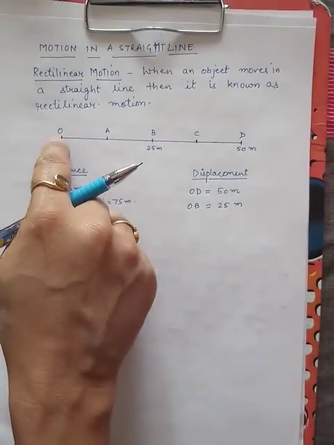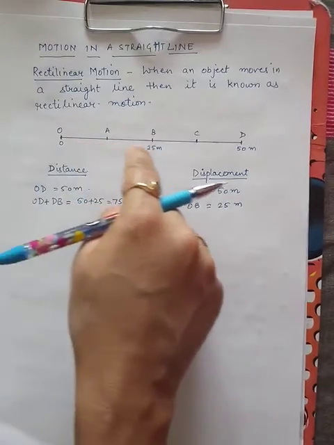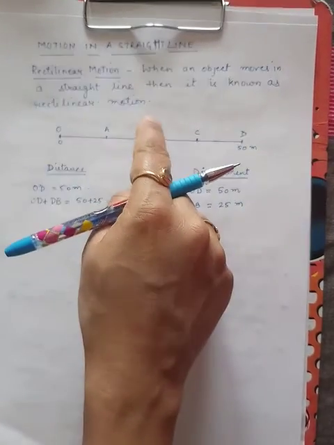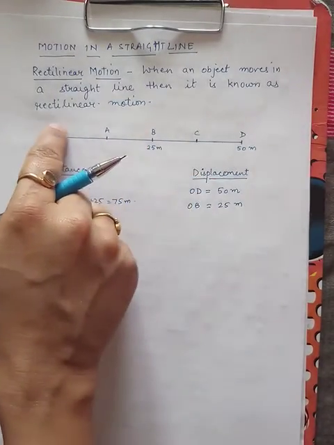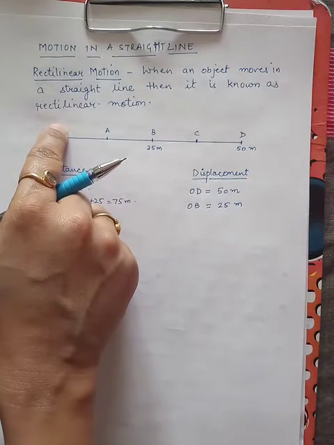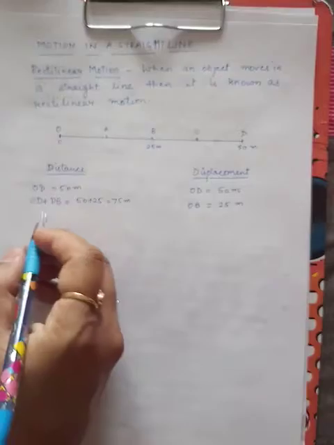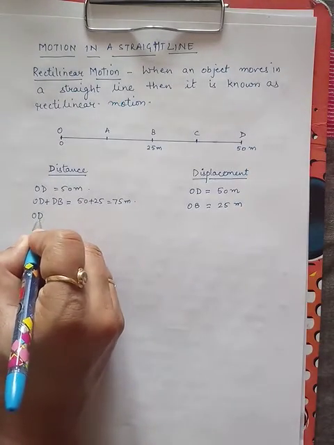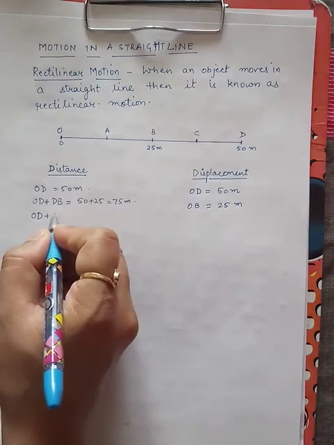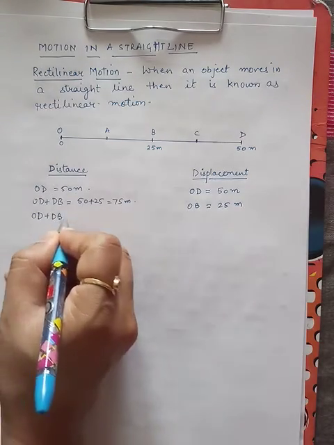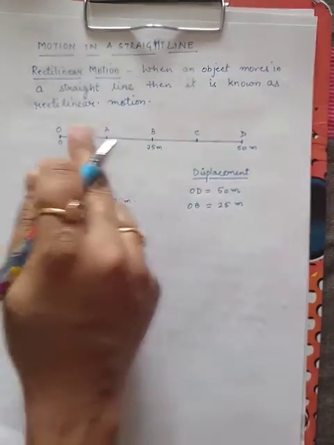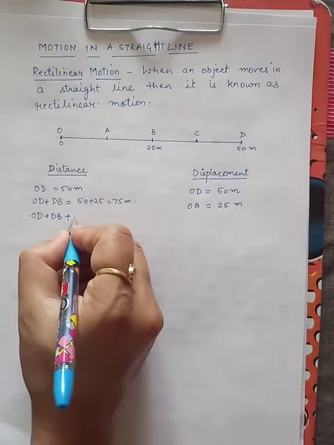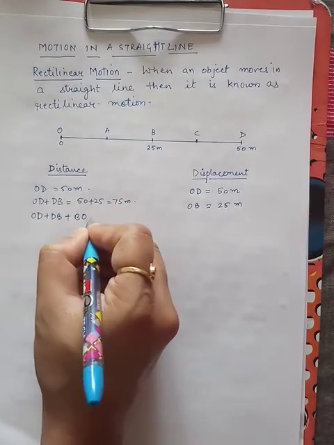When the object is moving here and here, and after that it is coming back to O. What will happen when it comes back to O? Distance is OD plus DB, and then again from B it is coming back to O, that is BO.